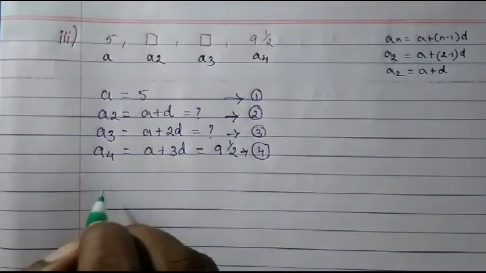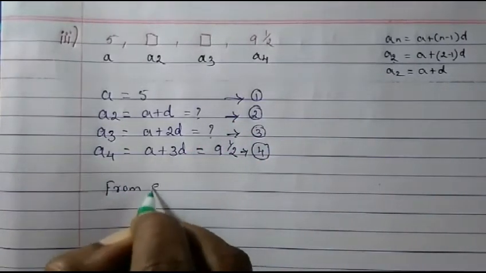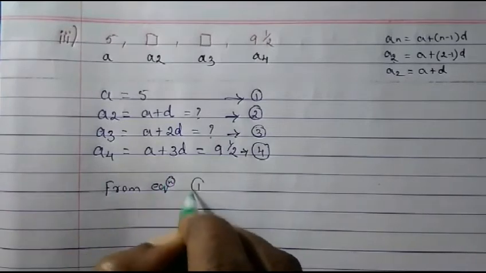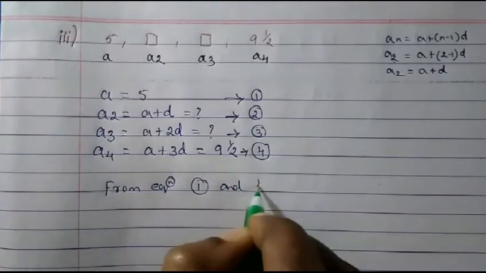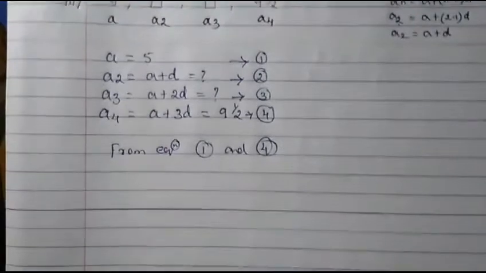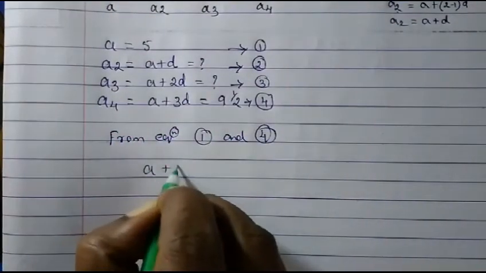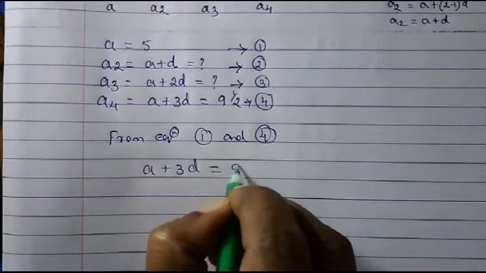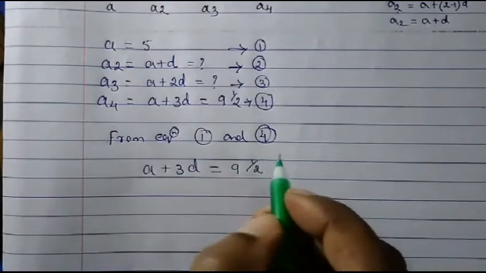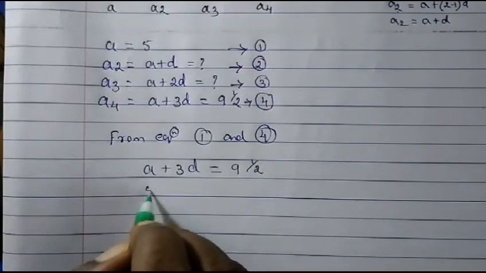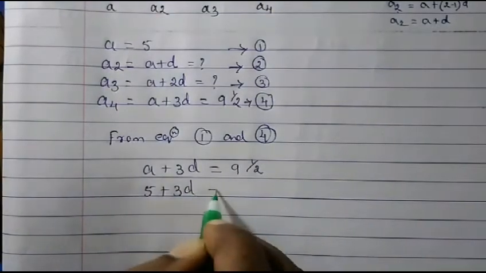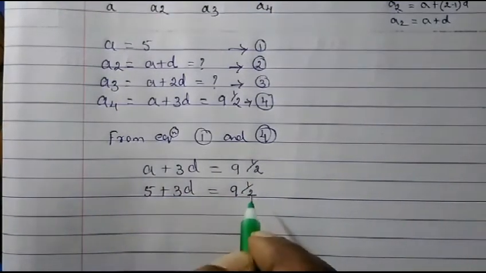So from equations 1 and 4. The fourth equation is what? A plus 3D equal to 9 1 upon 2. So the A value is what? 5 plus 3D equal to 9 1 upon 2.